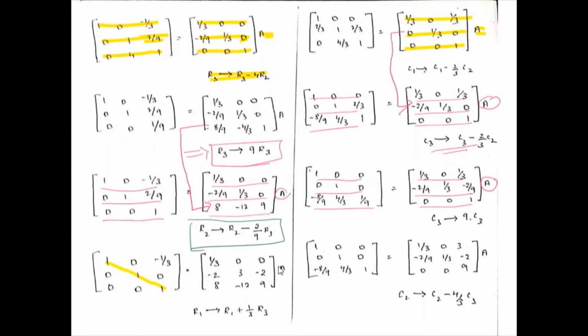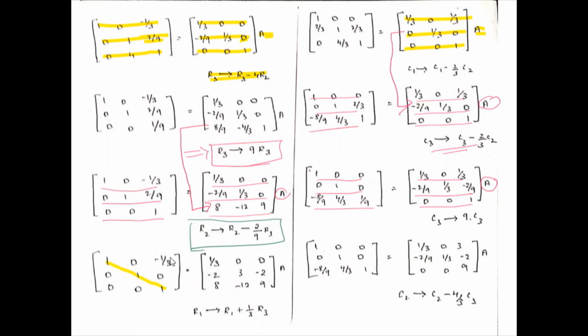Here when we apply this operation in RHS, the second row, that is minus 2 by 9 minus 2 by 9 into R3, that is 8. When we solve this, it becomes minus 2 by 9 minus 2, and again when we solve this, it becomes minus 2.